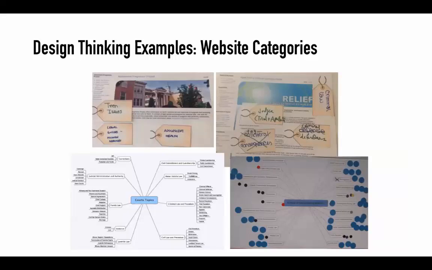One was to print out some of the current navigations of different sites and resources to see what do we want to keep, what is more important, what is less important. Others were just to print out screenshots of some of our resources and let people tag them. So literally put little printout tags on these. And this led over time to a refined understanding of, for instance, how our courts group, our legal topics are organized.